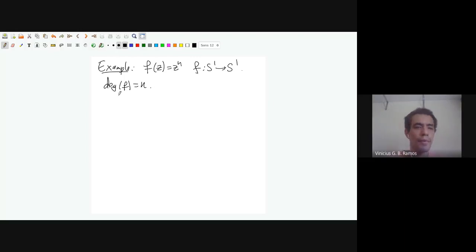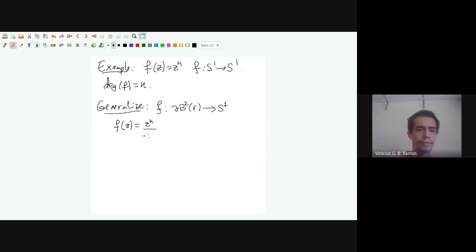Okay. Well, we can generalize this to a very simple situation, which is if you look at a map that goes from the boundary of the two ball of radius r to, say, S1, which just takes z to the n over the norm of z to the n over r to the n.